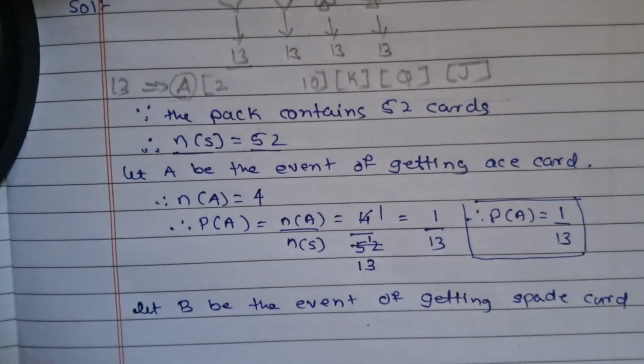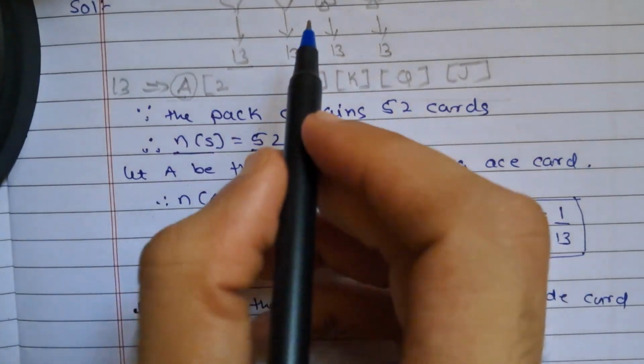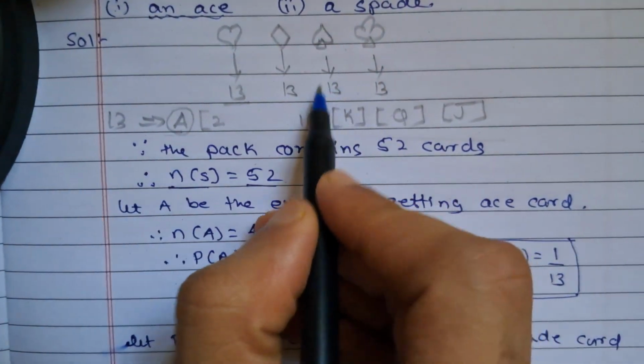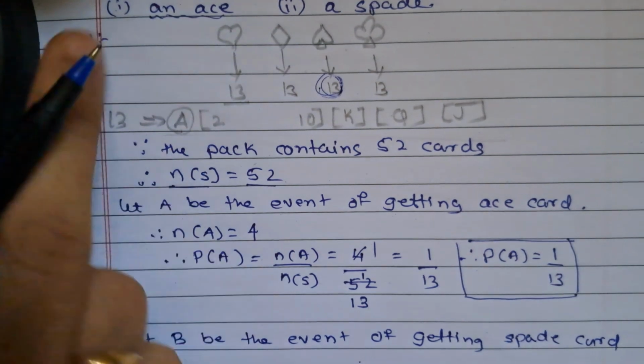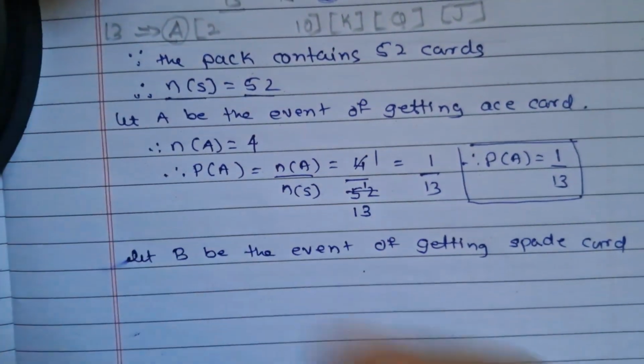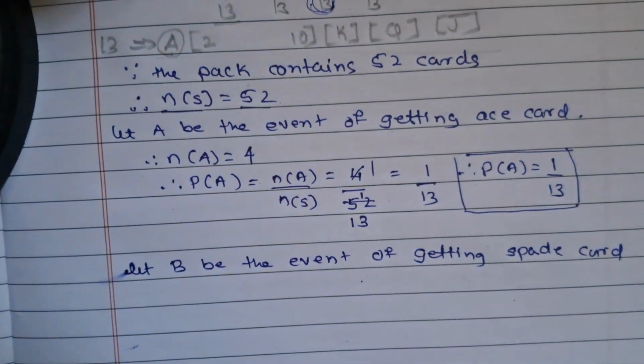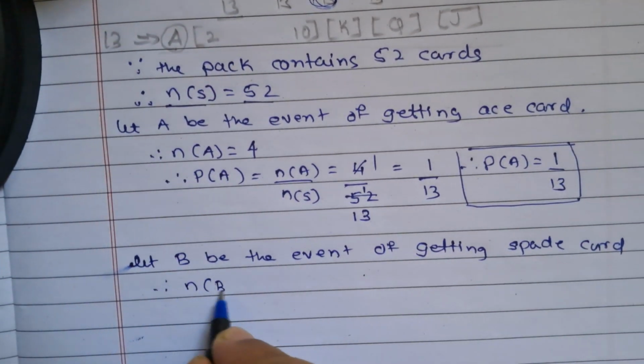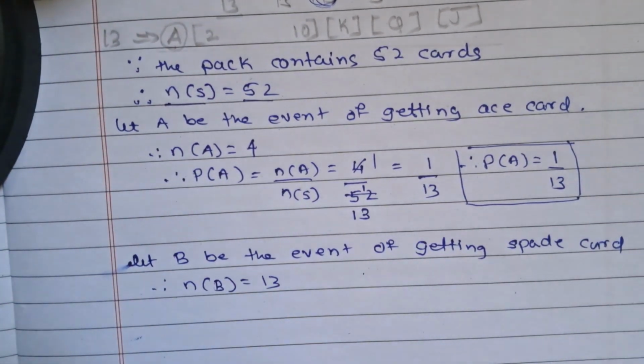Okay, so spade card means what? As I said, spade is one of the categories inside it, isn't it? So we have 13 such cards of spade. So that means in this event we'll have 13 cards, right? Therefore n of B is equal to 13.